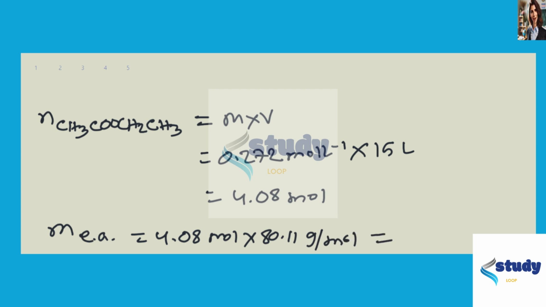So from here we will get a value of 359.49 grams, and this is the mass of the ethyl acetate at equilibrium.